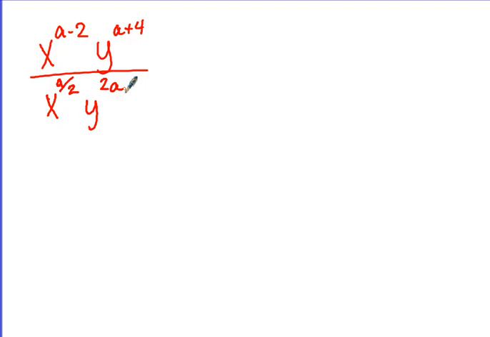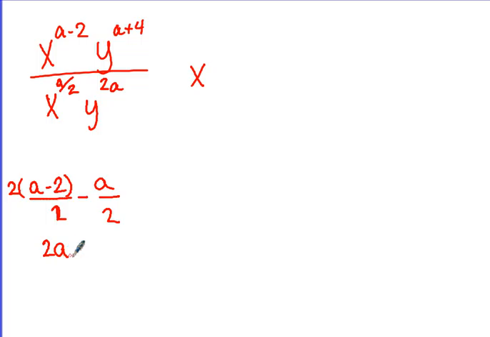Let's take our x terms first. Instead of doing a minus 2 plus a over 2, we're actually subtracting. So it's a minus 2 over 1 minus a over 2. Again, we still have to come up with a common denominator. So we're going to multiply the entire first term by 2 so that we can have that common denominator.